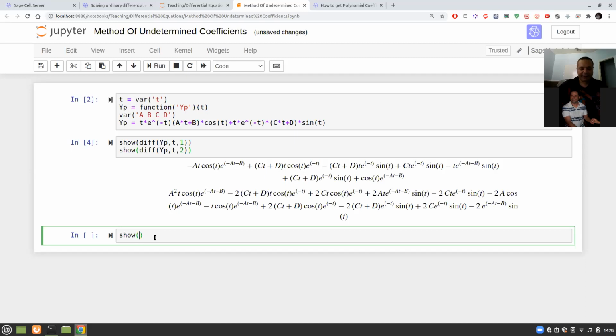So the left-hand side is going to be, and I'm going to show it so that it looks nice, diff of y sub p, t, 2, the second derivative, plus 2 times diff of y sub p, t, 1, plus 2 times y sub p. Okay, so I'm going to show that.